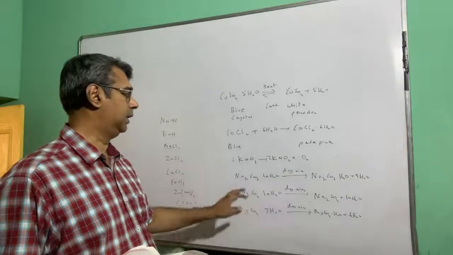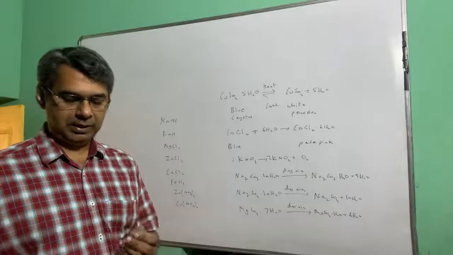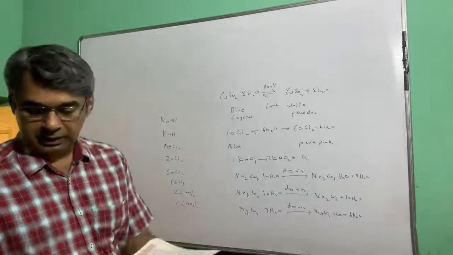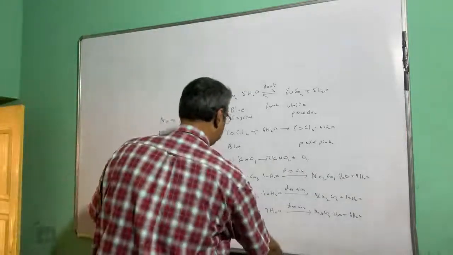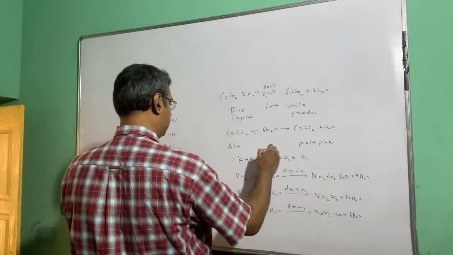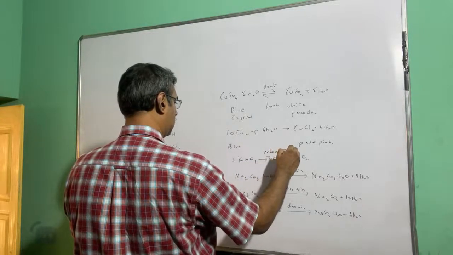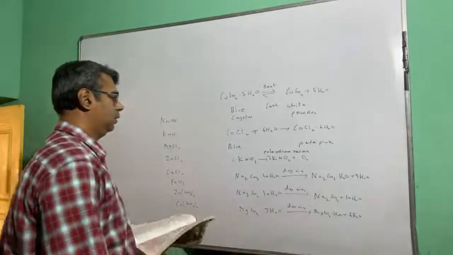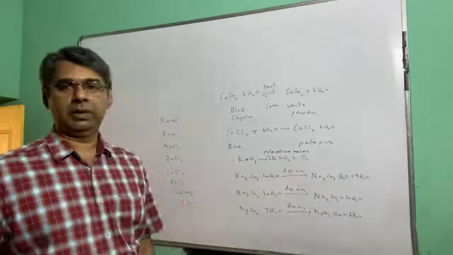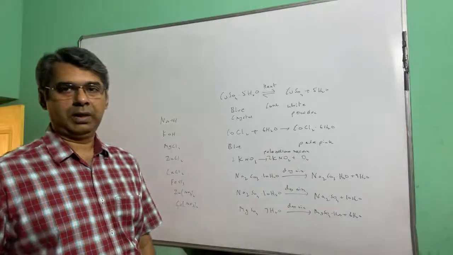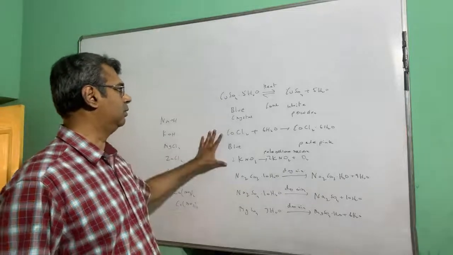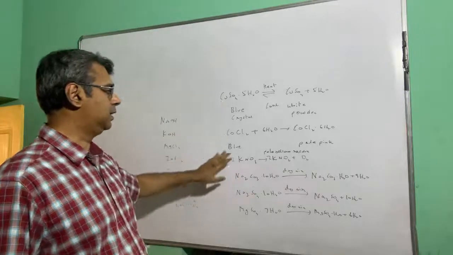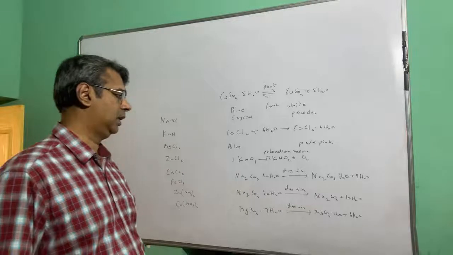If you heat potassium nitrate crystals, you will get a pale yellow residue of KNO2 and oxygen gas, but you will not get any water. So what does this prove? That not all substances contain water of crystallization. Copper sulfate contains it, but potassium nitrate does not contain water of crystallization.